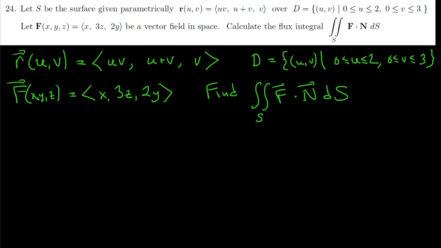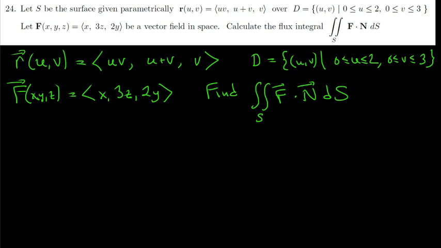All right, number 24, we have a surface S given parametrically. So this is R as a function of u and v, where u and v are the parameters. And the vector field is just uv i plus (u plus v) j plus v k.